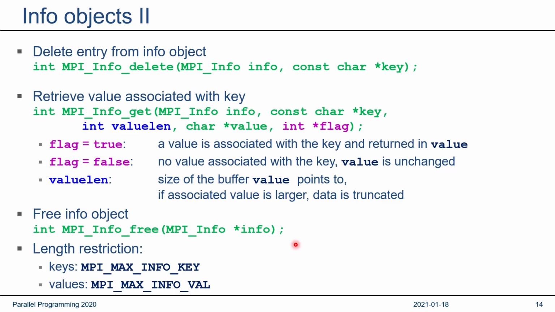You can free an info object, so the internal memory that is associated with this object will be freed. And of course, there are length restrictions. There are predefined symbols, MPI_MAX_INFO_KEY and MPI_MAX_INFO_VAL, which specify how long keys and values may be. And of course, these are implementation specific.